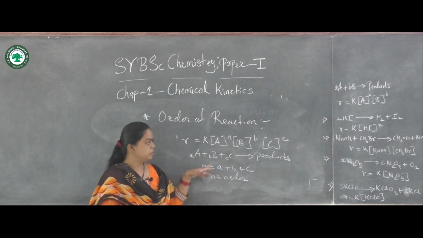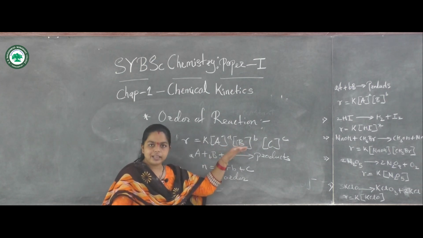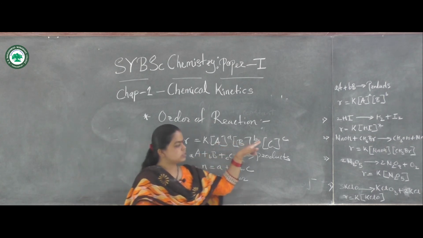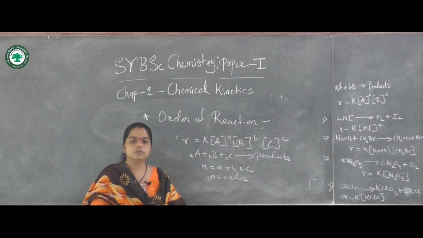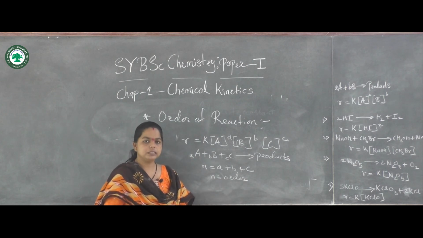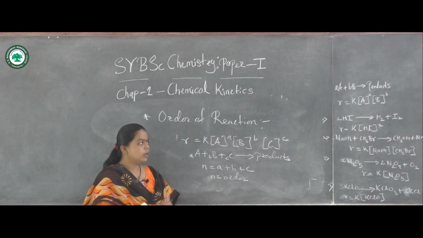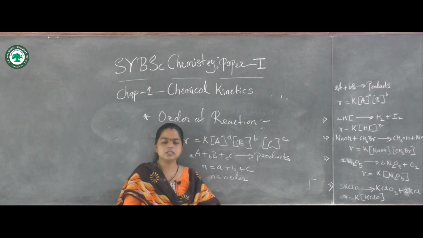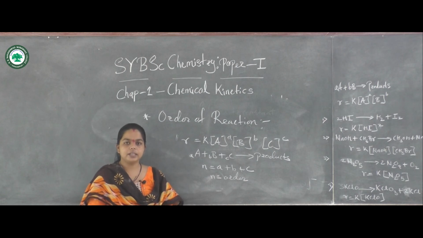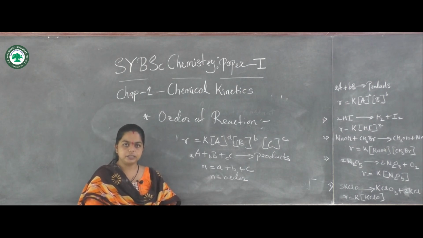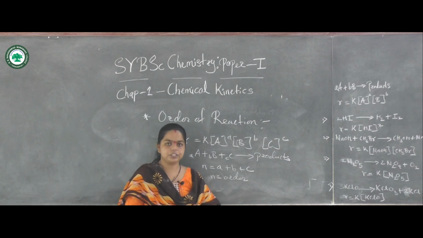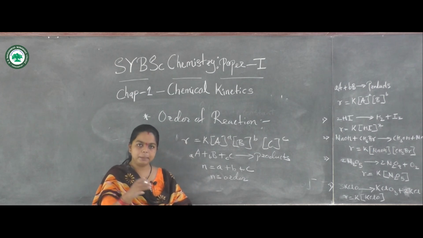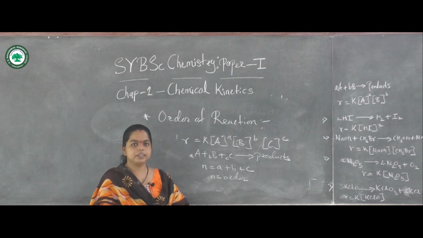The coefficient may become the exponent, but these exponents are not exactly the coefficients, because they are determined from the experiment in the rate equation. The order is compared with the data, and generally it is an integer value, but it may be fractional or it may be 0.